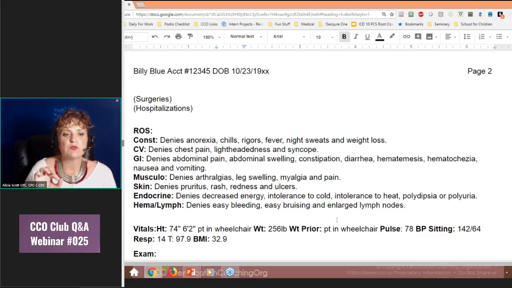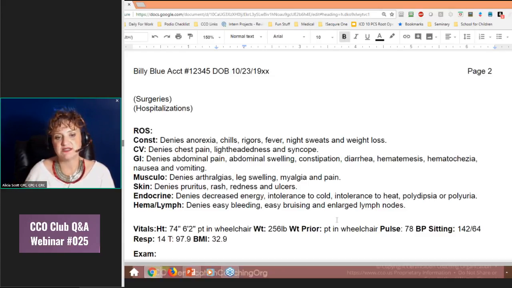All right, so review of systems. Now we could pull in more chronic conditions off of this, so this is a very pertinent place to look. Constitution denies anorexia, chills, rigors, fever, night sweats, and weight loss. Okay, that's all good. That doesn't really tell us anything.